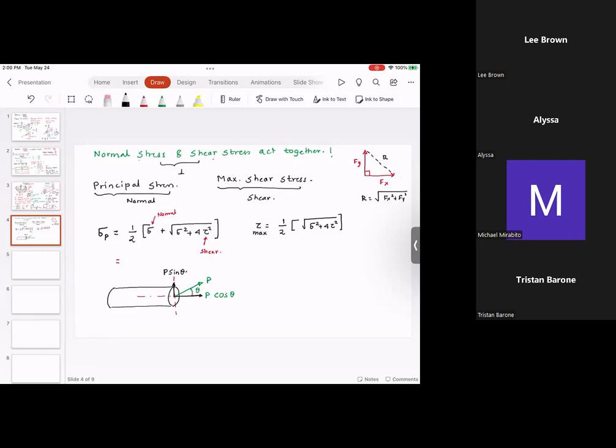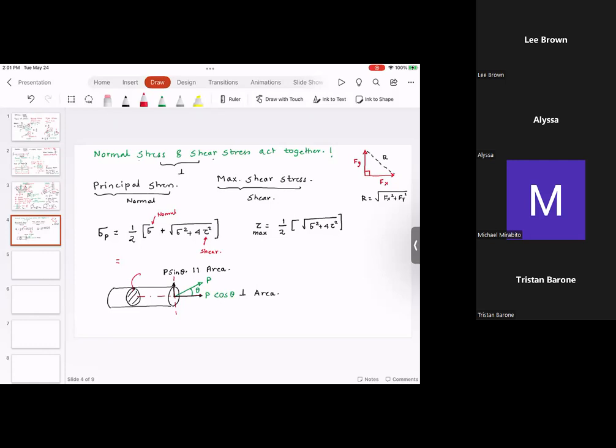Now please understand, P cosine theta is perpendicular to the area, and P sine theta is parallel to the area.